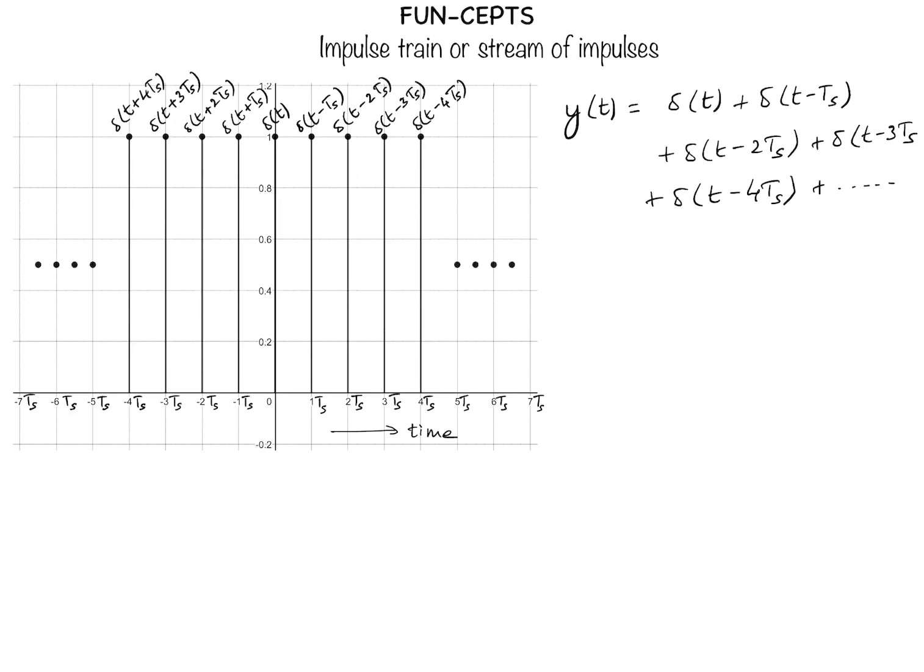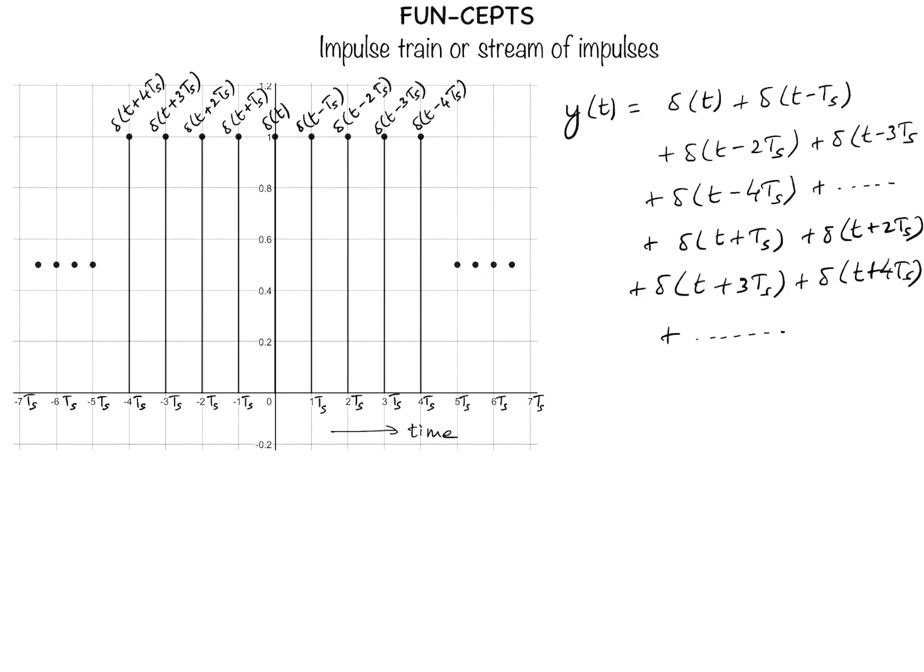And then for the impulses which are on the negative side, we can write delta of t plus Ts, plus delta of t plus 2Ts, plus delta of t plus 3Ts, plus delta of t plus 4Ts, and so on and so forth.